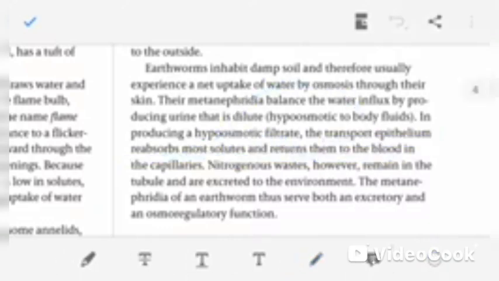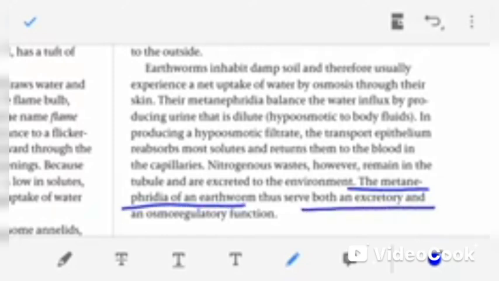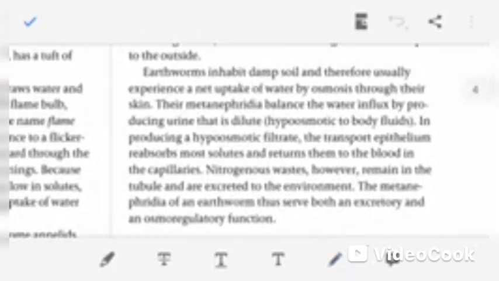Now the rest of the filtrate is known as urine, and this urine moves forward, is stored in the bladder, and is then excreted out by the pore present on the body wall. So the metanephridia of an earthworm serve both excretory and osmoregulatory functions.